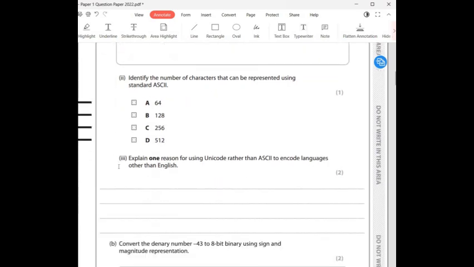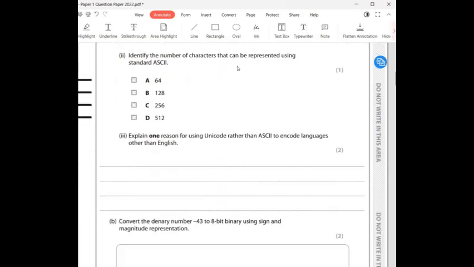Right, on with the next one. We need to identify the number of characters that can be represented using standard ASCII. Process of elimination here. So think of it as like Hell's Kitchen or The Apprentice. A is not correct because ASCII uses 7 bits. 64 would need only 6 bits.